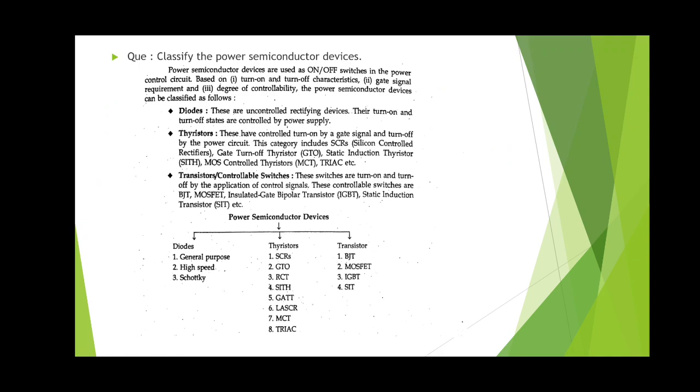Their turn on and turn off states are controlled by the power supply. So these are uncontrolled devices. Whatever power supply we give, the output is achieved depending upon that voltage. Then thyristors. These are 4 layer three terminal control devices, and they have PNPN layers.